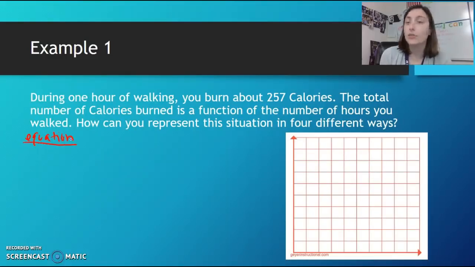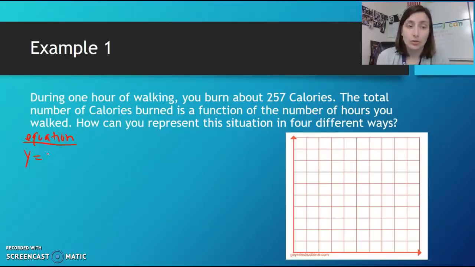I've been working with math longer, so I read something like this and I see it. So I know I'm going to have a y equals. It says during 1 hour of walking, we burn about 257 calories. To me, that says for every hour of walking, I'm going to burn about 257 calories.